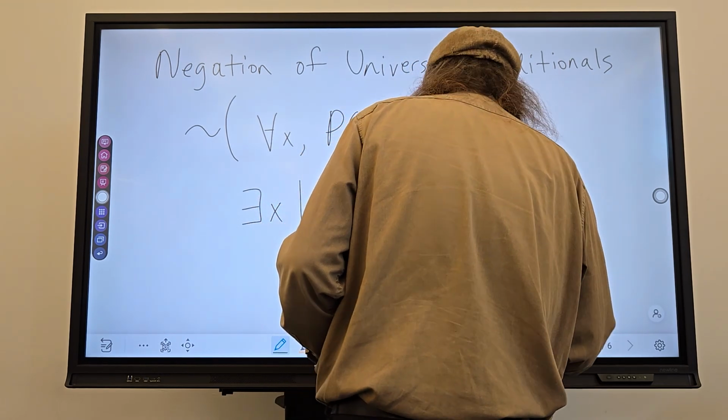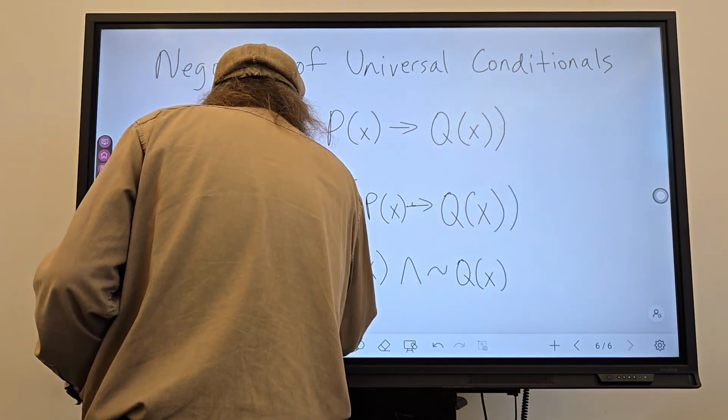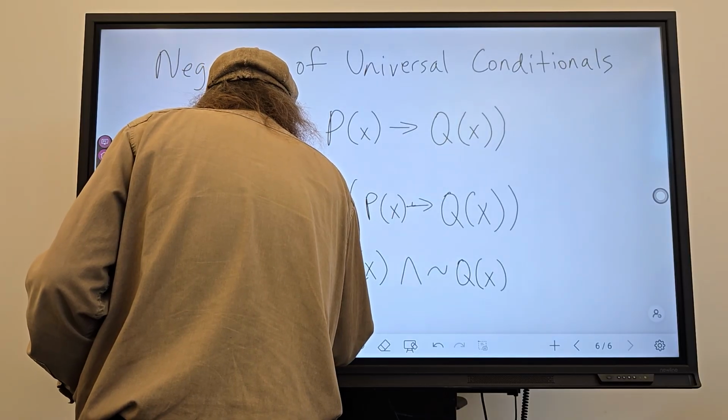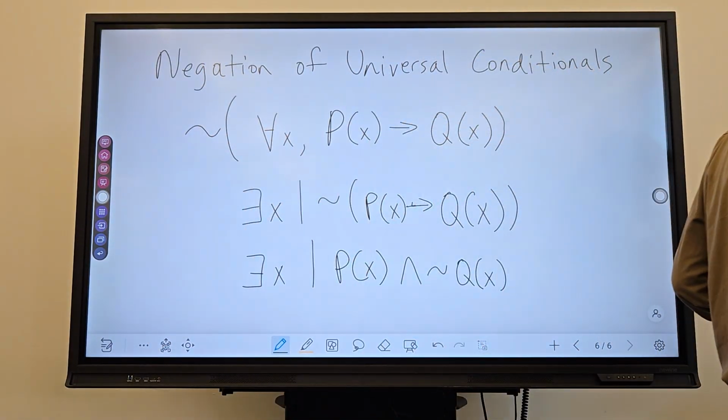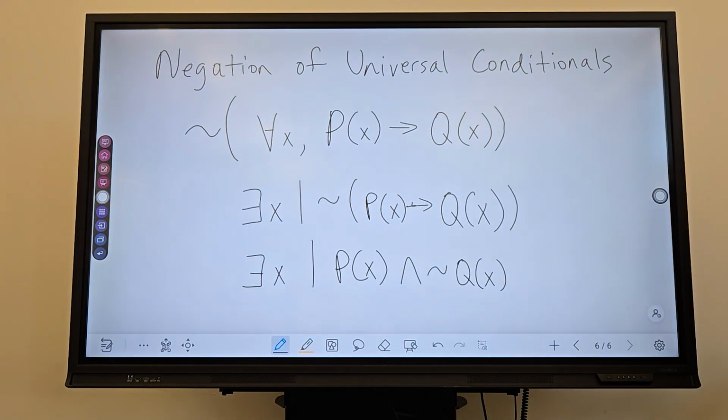If you look back in your notes, you'll see that there somewhere, hopefully. So the negation of the universal conditional is there exists an element x such that P of x and not Q of x.